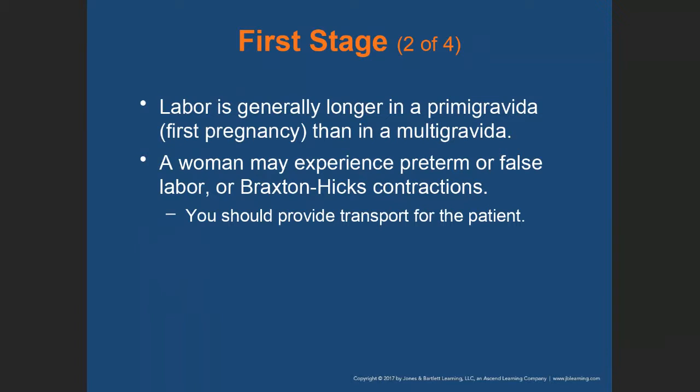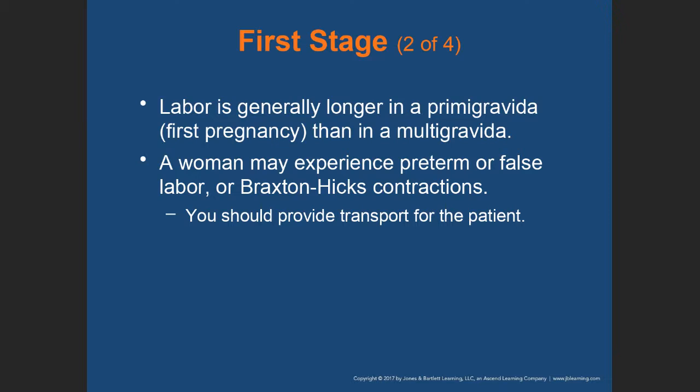If they are a primigravida, it means it's their first pregnancy. If they are a multigravida, it means they have had multiple pregnancies. If they are a primipara, then it would be their first live birth. If they are a multipara, they have had multiple live births.